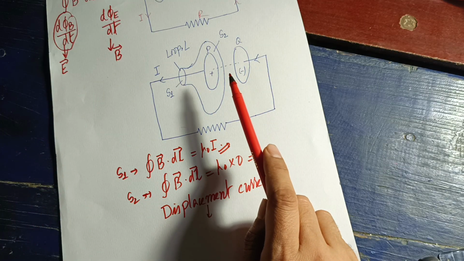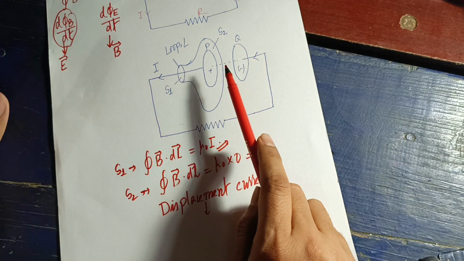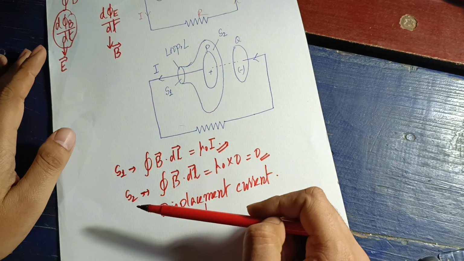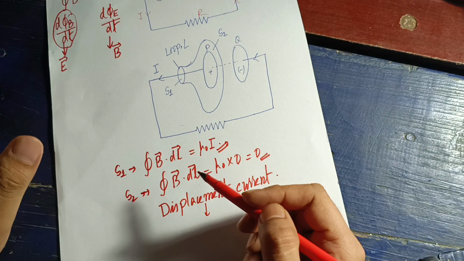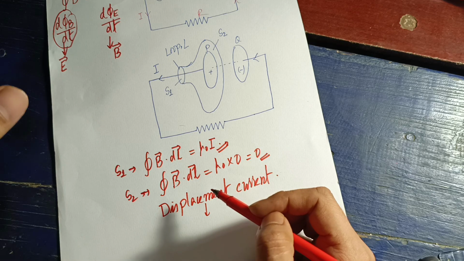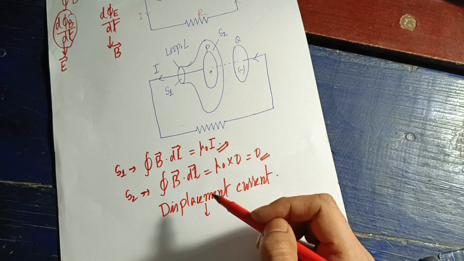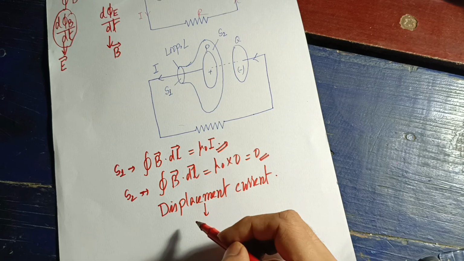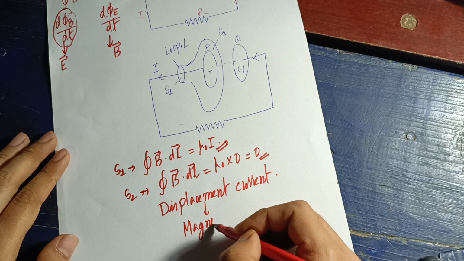Whenever you change the electric flux or electric field, you will get displacement current. So displacement current is actually a term which gives rise to a magnetic field.